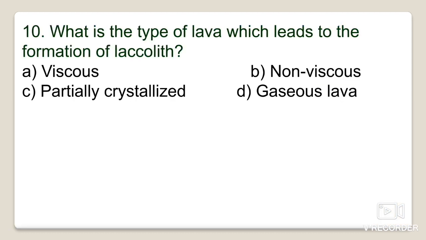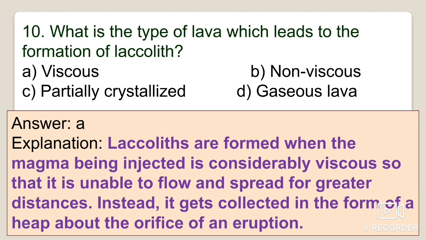Next one is, what is the type of lava which leads to the formation of laccolith? Viscous, partially crystallized, non-viscous, or gaseous lava.